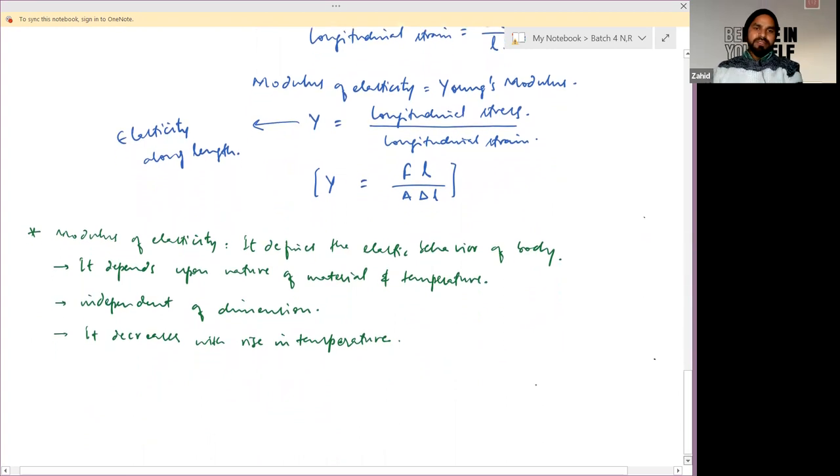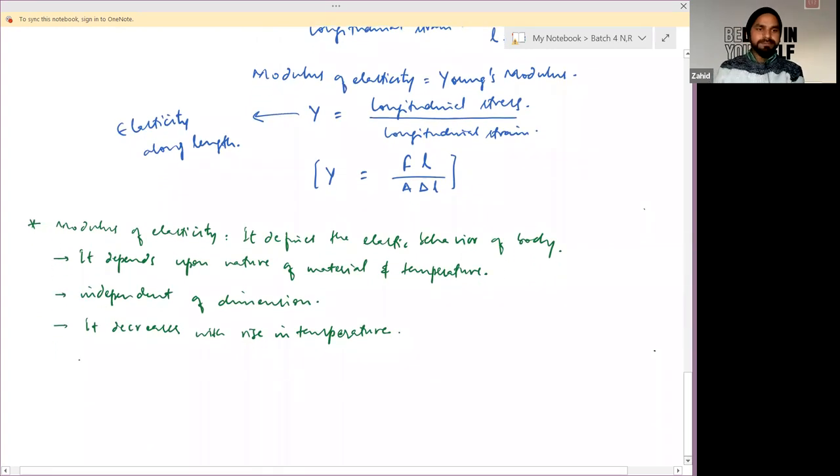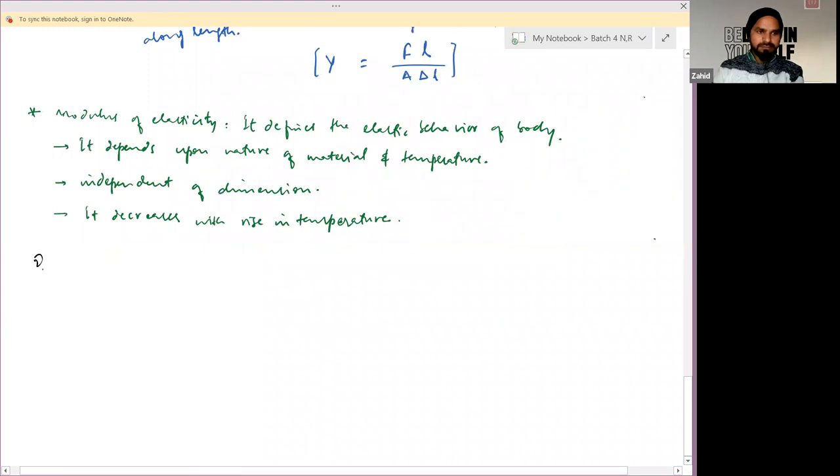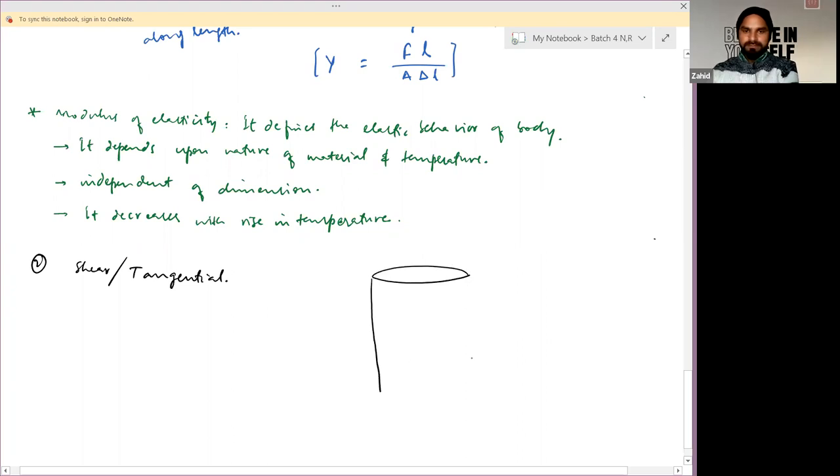Now the second type of stress is shear or tangential. Suppose you have a cylindrical object whose base is fixed.